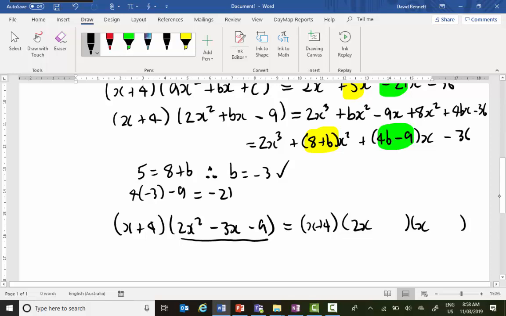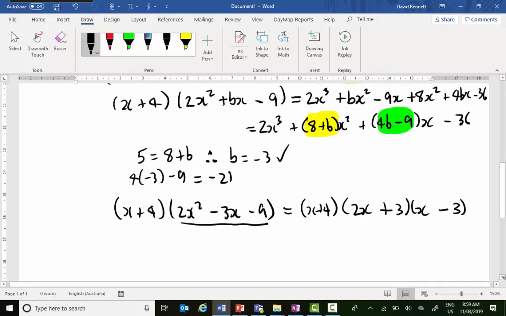I'm thinking 6 and 3, so it's going to be 3 and 3. Therefore, I know it needs to be minus 3, so that has to be the minus, and that has to be a positive. If you expand that out, you're going to get the right values there.